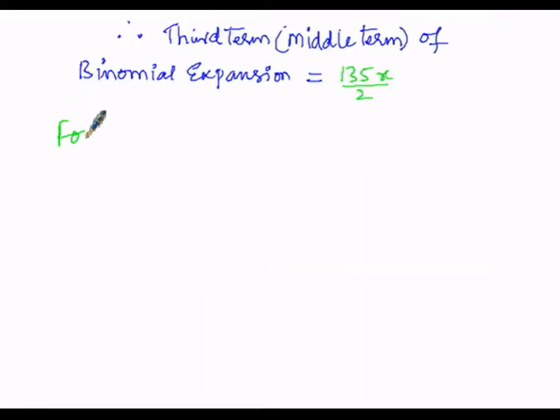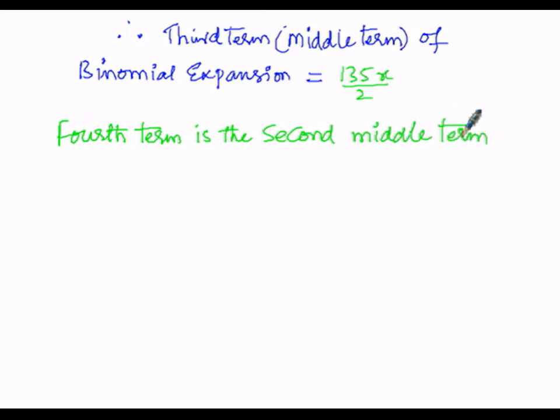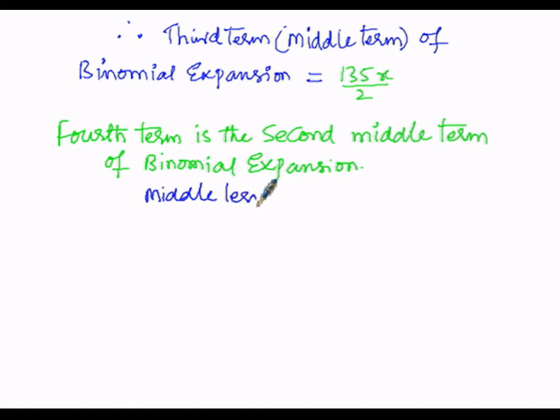So here the fourth term is the second middle term of the binomial expansion. Therefore, since it is the fourth term, we can denote it by T4.